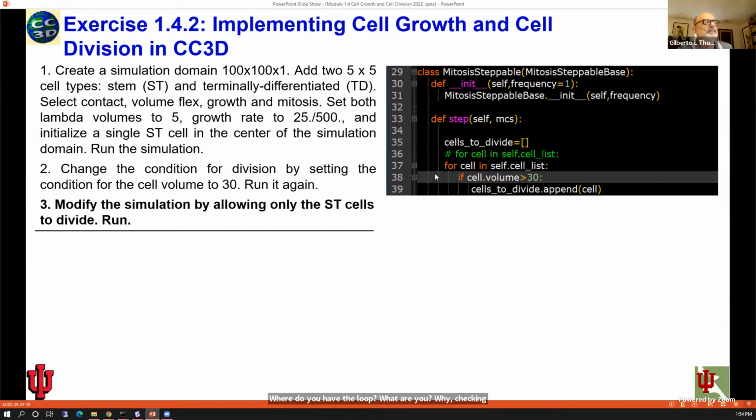Which cells are going to divide? But now we just want the ST cells to divide. How do you change the code? Please try.